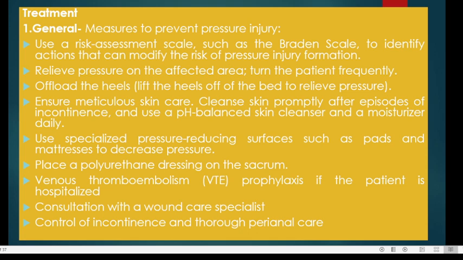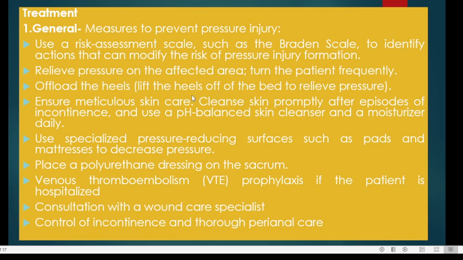We use a risk assessment scale such as the Braden scale to identify actions that can modify the risk of pressure injury formation. We also relieve pressure on the affected area so that you turn the patient frequently. We normally say turn the patient every 2 hours to prevent pressure injuries. Offload the heels. That is, we need to lift the heels off the bed to relieve the pressure.